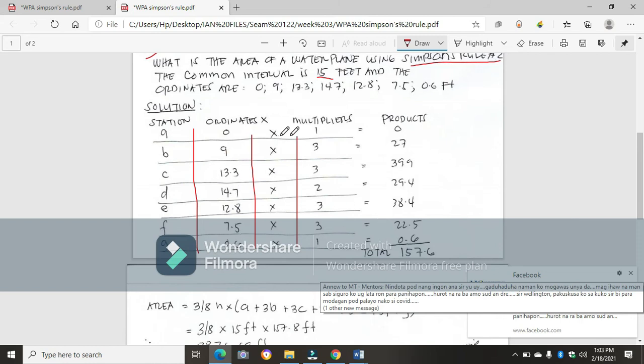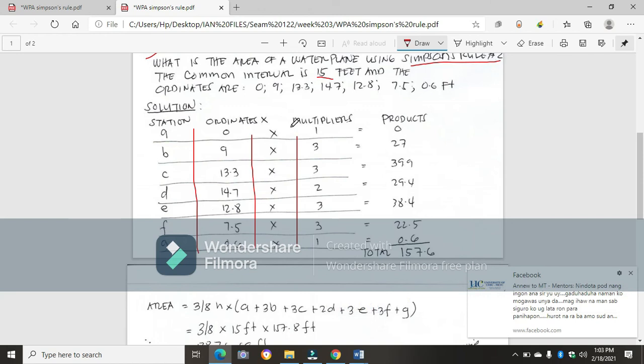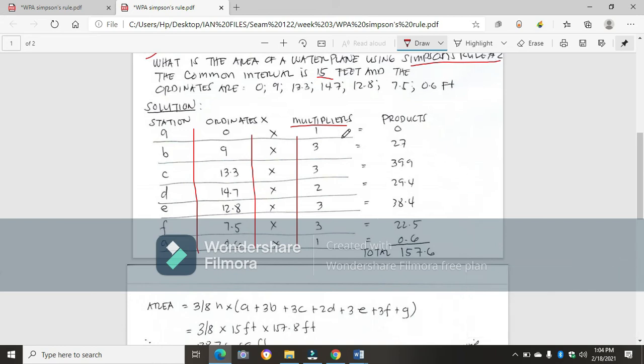So we are going to multiply here as per Simpson's rule. If 7 ordinates, so these are the multipliers: 1, 3, 3, 2, 3, 3, 1.